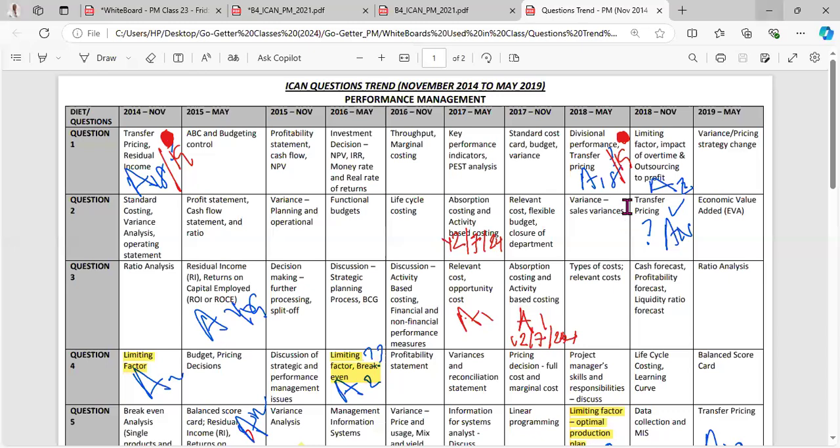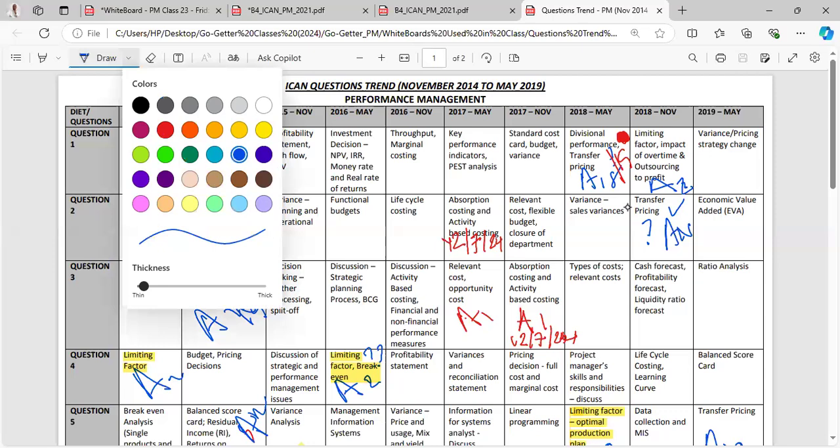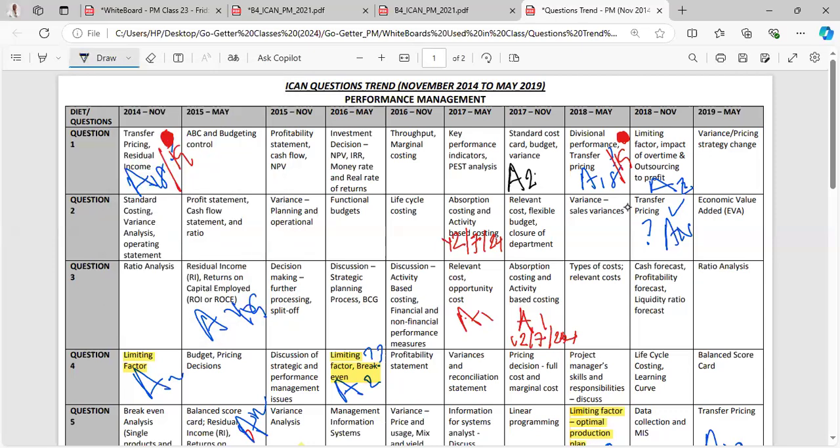Okay. So I'll call this one A23. Let me put it in a different color here. Put it in black. This is A23. You'll be able to look at this. This is another A23.